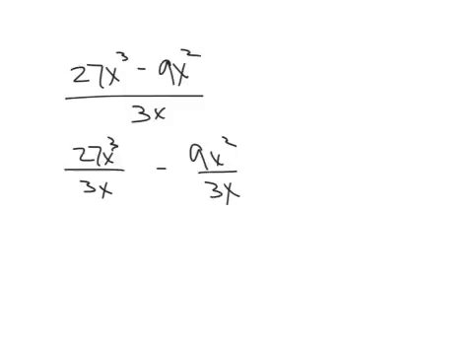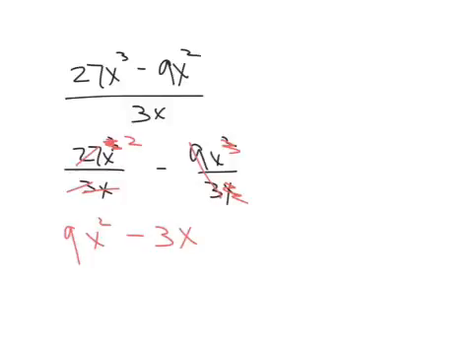Alright, so let's do some canceling here. 27 over 3 is 9. Get rid of one of those x's, and get rid of one of those, and we're left with an x squared. Minus 9 over 3 is 3. Get rid of that one, get rid of one of those, and I'm left with just an x there.